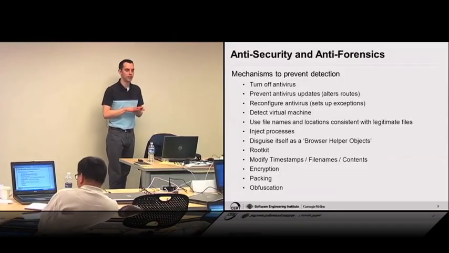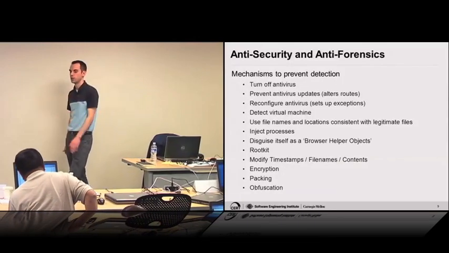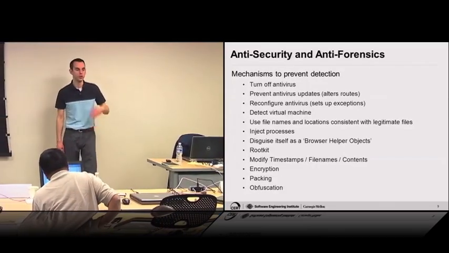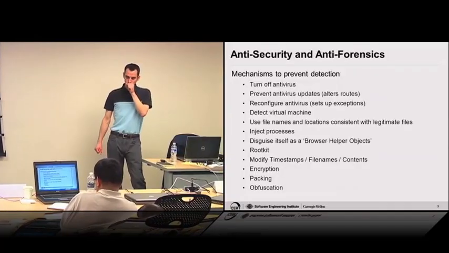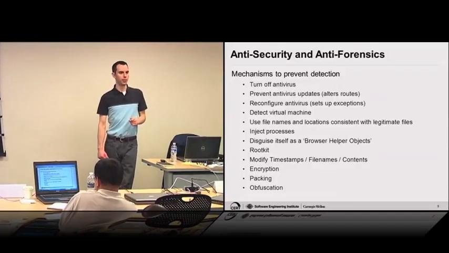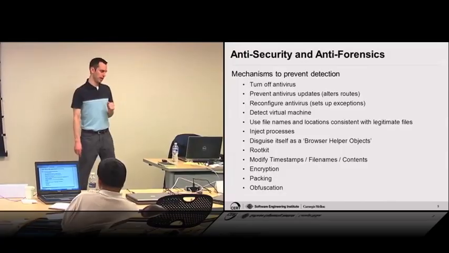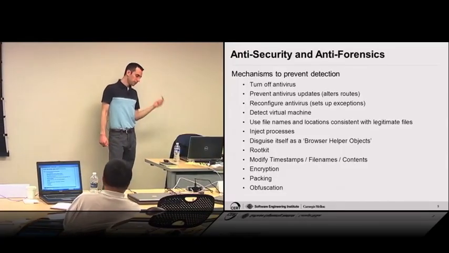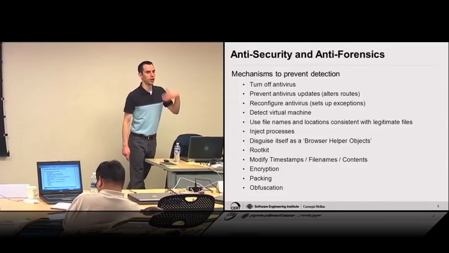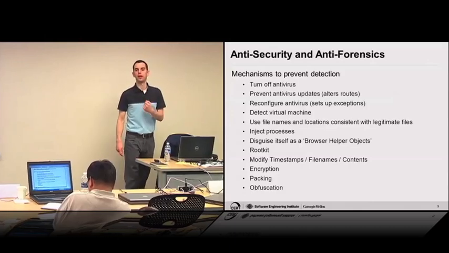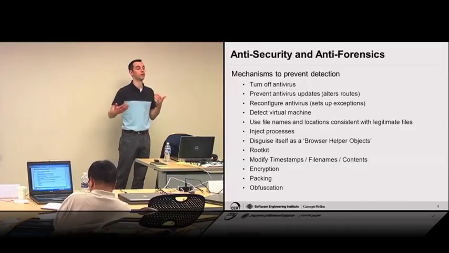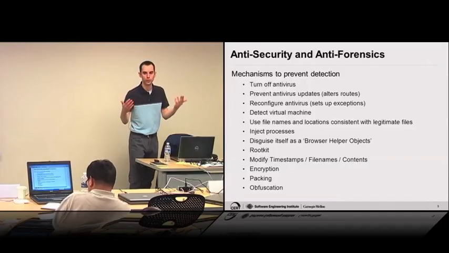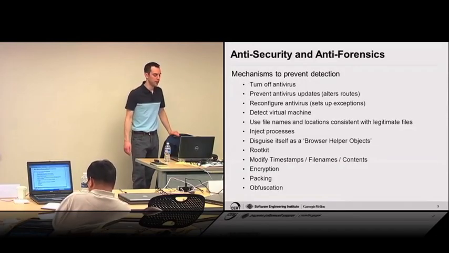They'll disguise themselves as browser helper objects. This is something we talked about earlier, right? Where they get loaded into the web browser. I think only IE has browser helper objects, but in any event, they may call them something else on different platforms. But basically, they'll get loaded by the browser every time it loads, so they can do things like read keystrokes or passwords or website visitation and things like that.